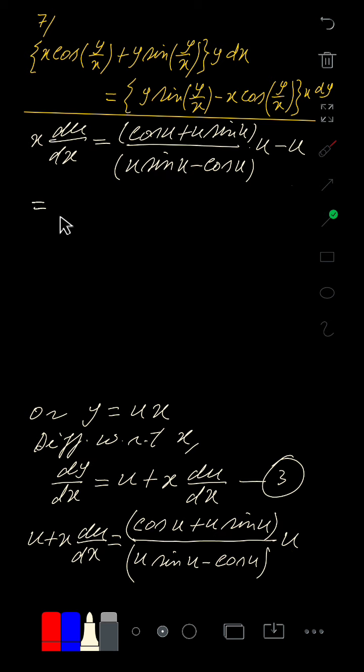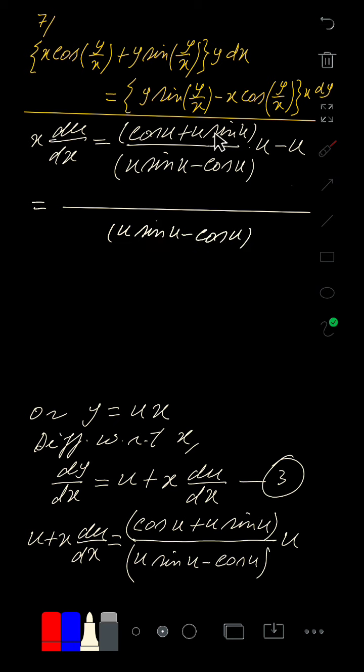So here on the right hand side we have to take this bracket as LCM. So we have u sin u minus cos u. In the numerator, we have bracket cos u plus u sin u into u minus this bracket will multiply this u, so u bracket u sin u minus cos u.